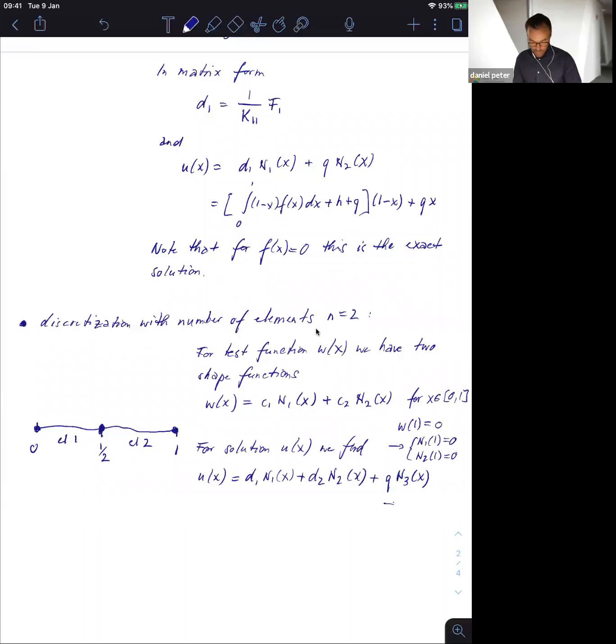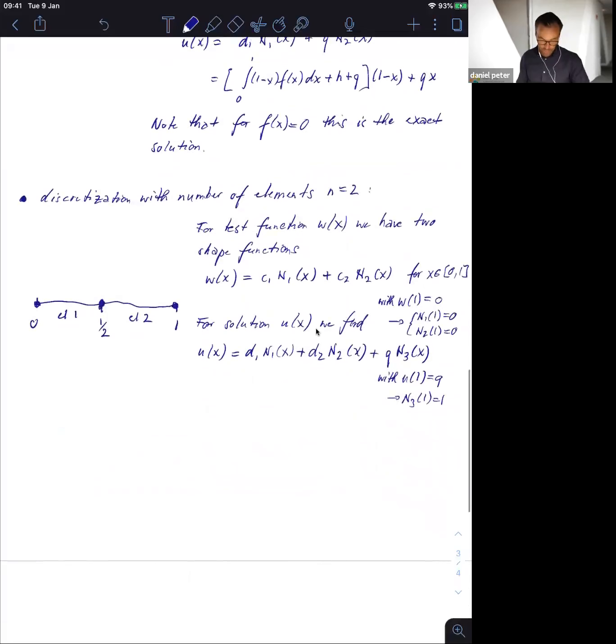And here we impose u at 1 is equal to q, which means that n3 at 1 has to be 1. Okay, so what do we find in this case? So choosing linear shape functions.